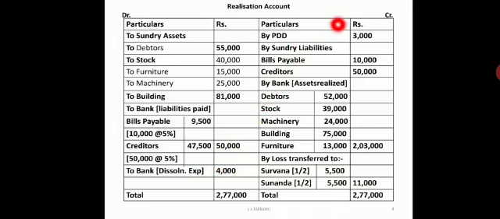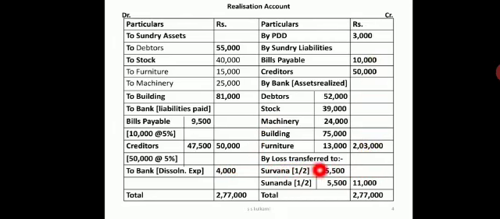Now after recording all the assets and liabilities after realization, I should take the difference between the debit side and the credit side. The total of my debit side is more, because the total gives me 2,77,000.